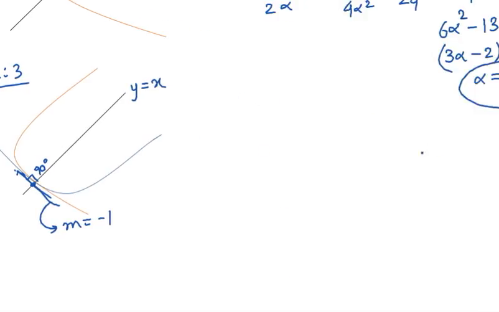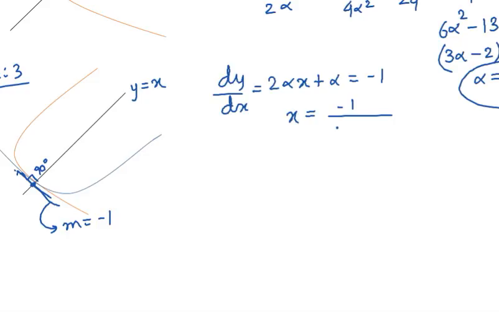So in this case the value of dy/dx that was previously obtained to be 2 alpha x plus alpha, that will be equal to -1. So in this case the corresponding value of x will come out to be (-1 minus alpha) divided by 2 alpha.